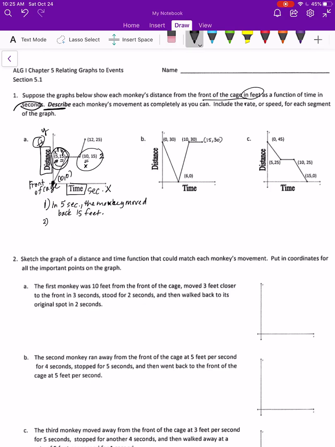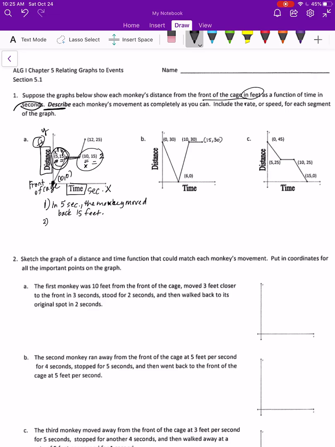What happened? He was at 15 feet. Notice this line is straight across. So did the distance change at all? It didn't. And notice what it says here, 15 feet. So the distance didn't change. So we went from 5 seconds to 10 seconds. And then the distance stayed the same. So let's kind of word that together.